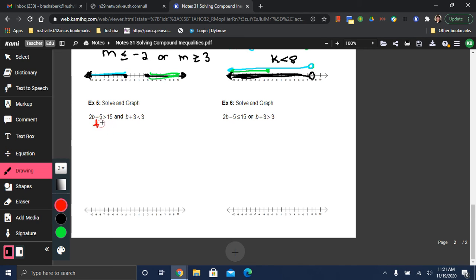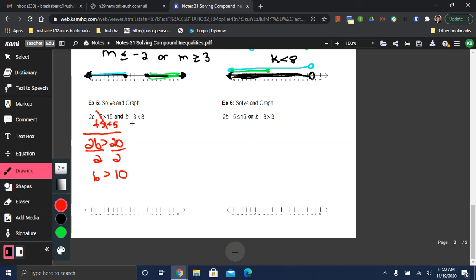We will add 5 to both sides of the inequality. That gives us 2b is greater than 20, and then divide by 2 on both sides, and we get b is greater than 10.